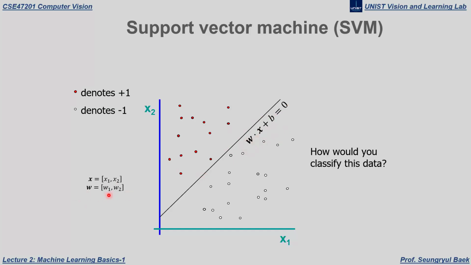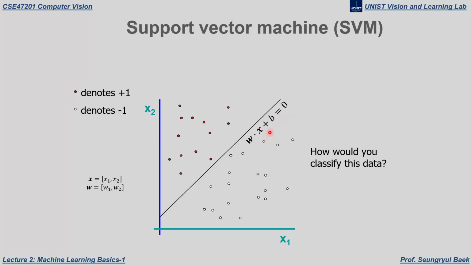So W1 is multiplied to X1 and W2 is multiplied to X2. And we also add one scalar value to output something. This is the function f. Wx plus b is the function f of ours.